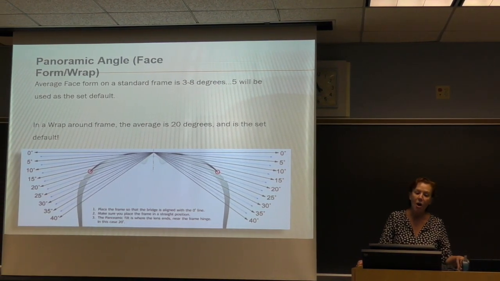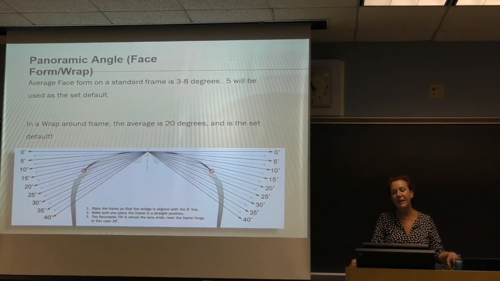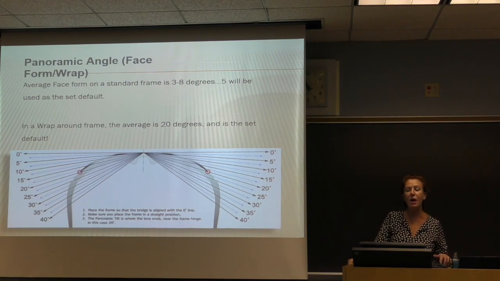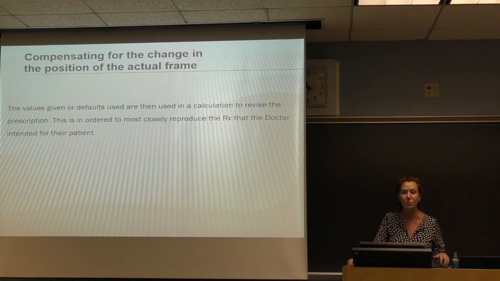And then finally, wrap. Average face form is about 3 to 8 degrees. If the optician doesn't give the lab these properties, then they will default to 5 degrees for pentoscopic angle and face form and wrap. So the values given, or the defaults, are then used in the calculation to revise the prescription.